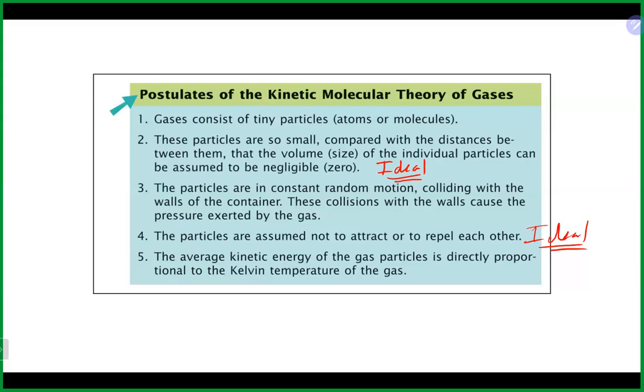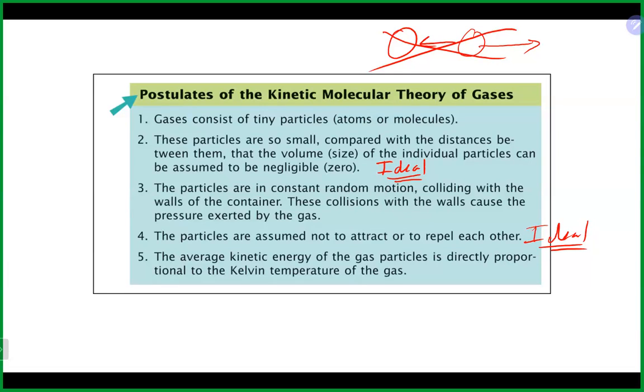If a gas molecule is flying this way, but there's another molecule it's attracted to, or trying to get away from, that's going to either slow it down or make it go quicker, and that would affect the collisions. So we don't worry about that in an ideal situation. There's no real interaction between any of those gas molecules.